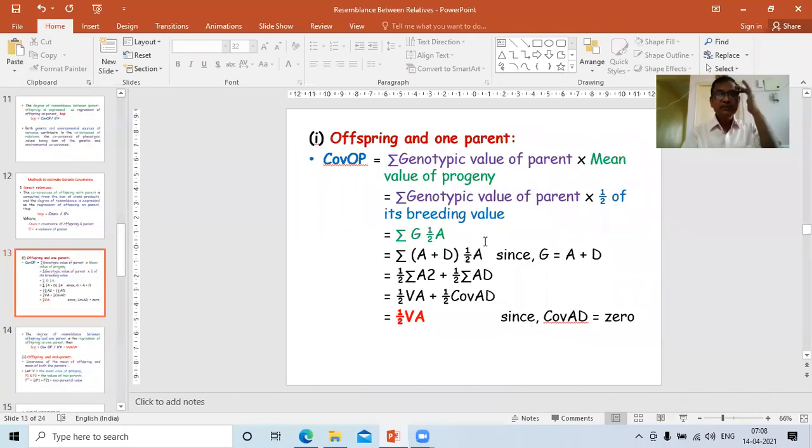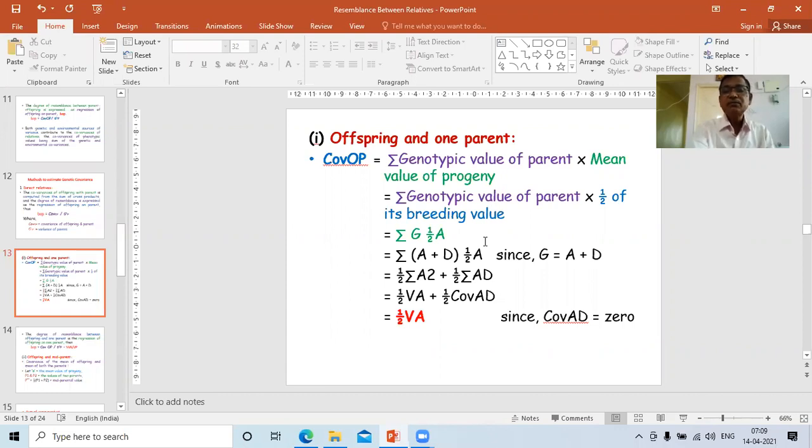Now, as I have said that there are four kinds of relationship, the offspring and one parent. In case of offspring and one parent, इस तरह का अगर observation है आपके पास, then we have to estimate the covariance of offspring, and here in terms of the causal component variance, ultimately you will find that total is equal to half VA. You just remember इतना ही portion, you need not require all the steps, but you can see the covariance of offspring and parent, how it is derived.